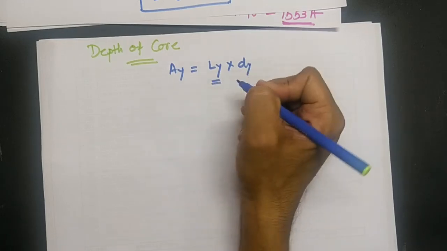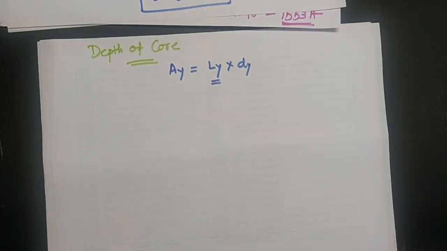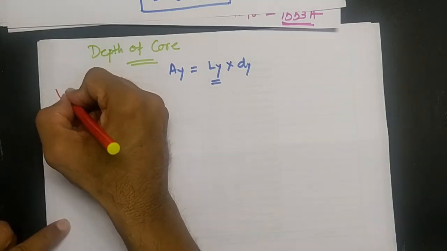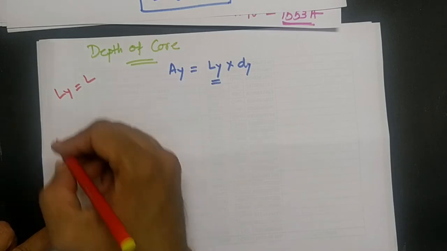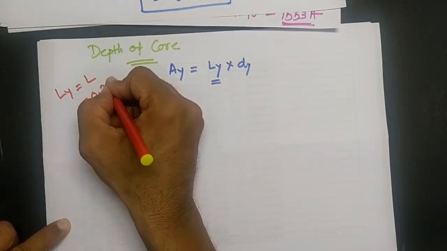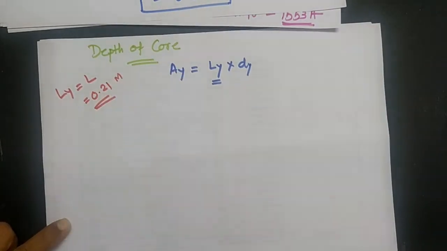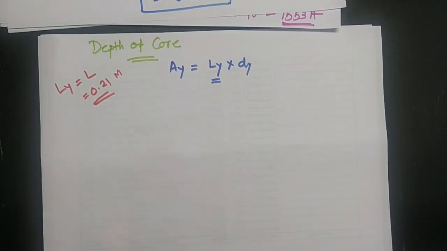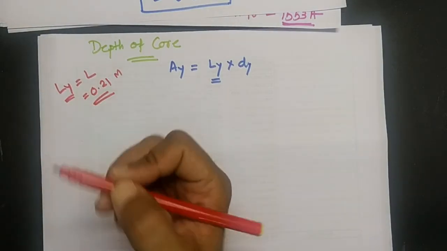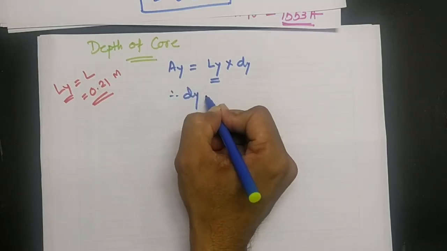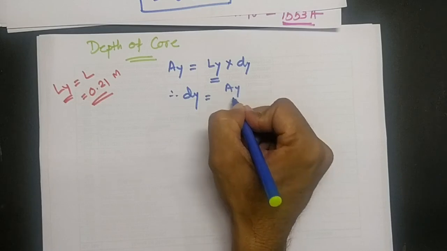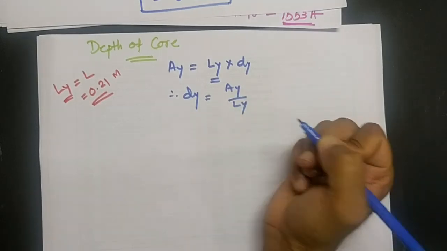The length of the yoke we normally assume to be equal to the length of the stator core, and that is equal to 0.21 meter. Length is given, and the length of the yoke we normally take as equal to the length of the core. So based on this equation, we are interested in calculating the depth of the yoke.